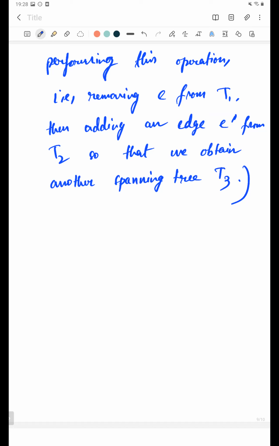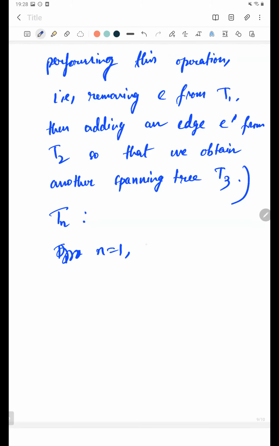So this can also be shown using induction. The basic step is, let's say Tn is a spanning tree, and n equal to 1 is the basic step.